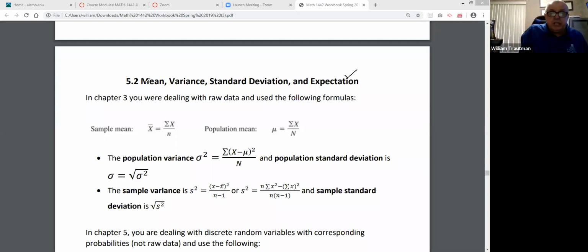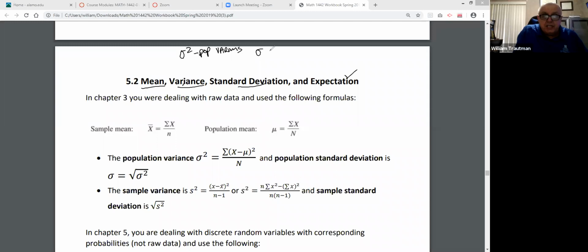But the mean, variance, and standard deviation is pretty easy because we've done all that. We're going to use a calculator to do that, and it's pretty easy. So once again, I'm going to just put the symbols. This is population variance.